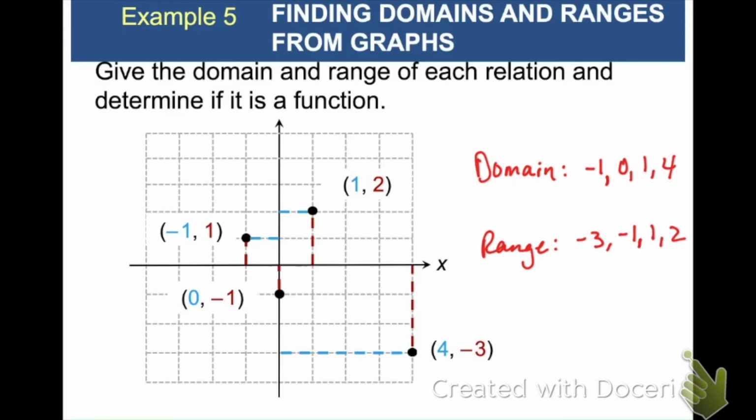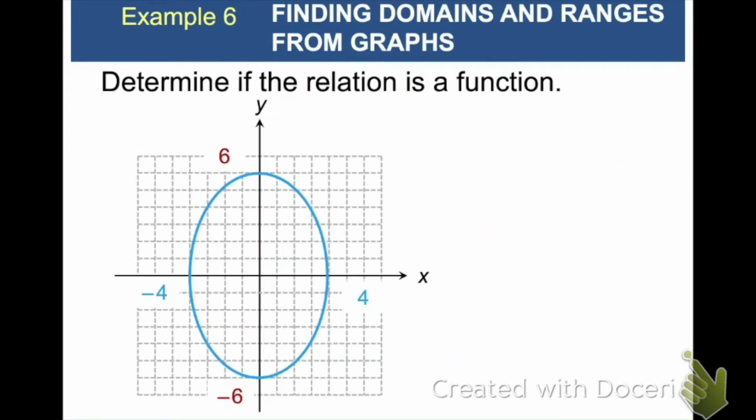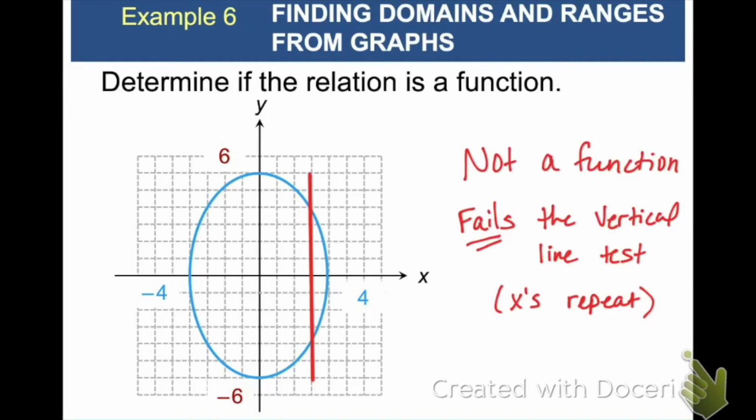Here's another example. I have to decide if it's a function, yes or no, and I'm going to use the vertical line test. This one is not a function. It fails the vertical line test. What that means is I can draw a vertical line anywhere I want.